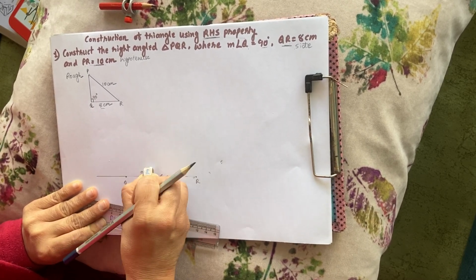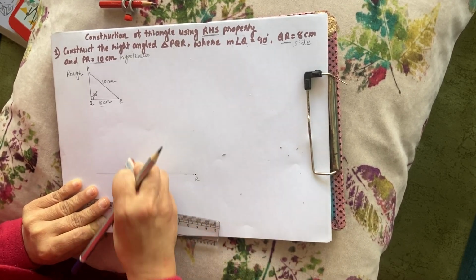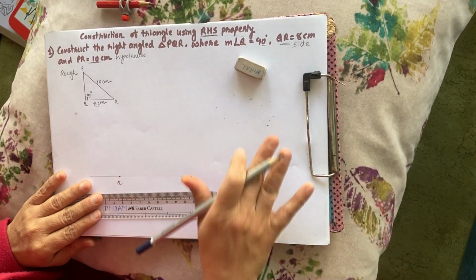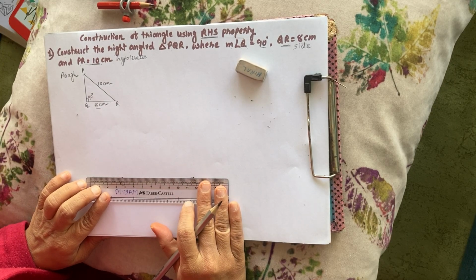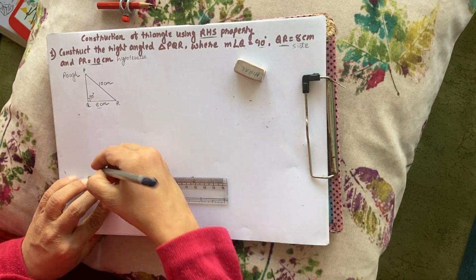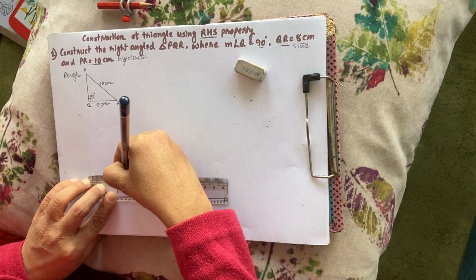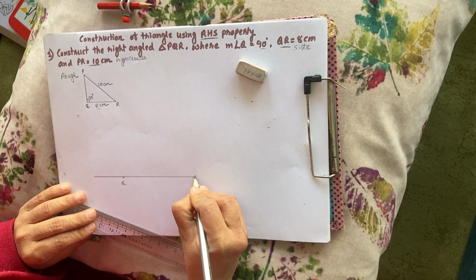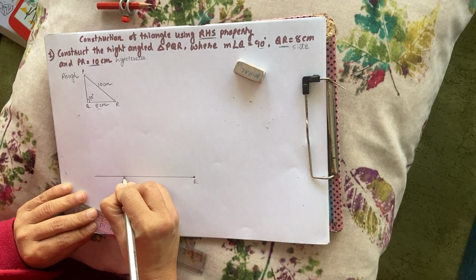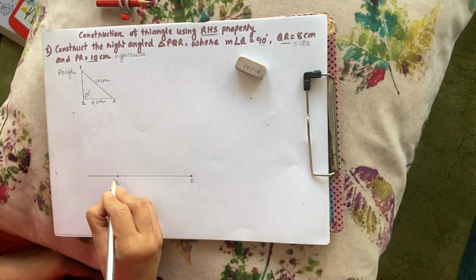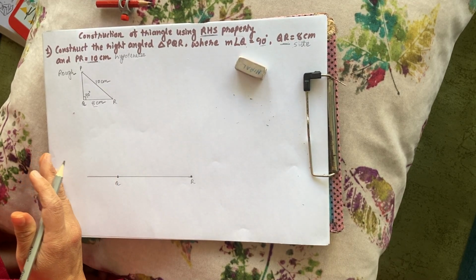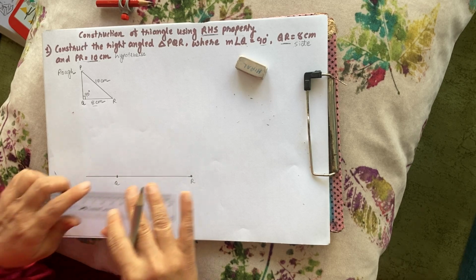You have to be very careful and very precise, children, while drawing this line segment, because one mistake can ruin your whole construction. Now you can see this is my R, this is my Q. You will think, teacher, why did you extend the line segment a little bit on this side? I will let you know why.